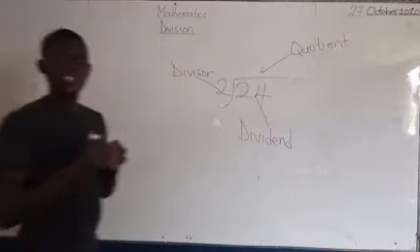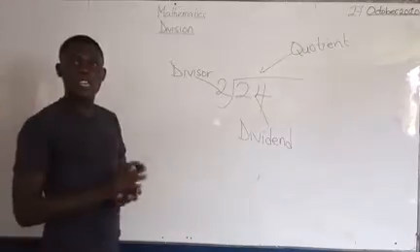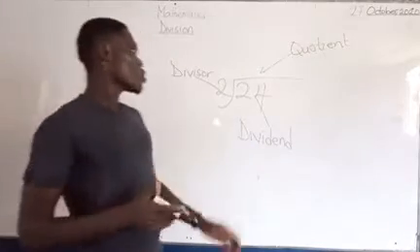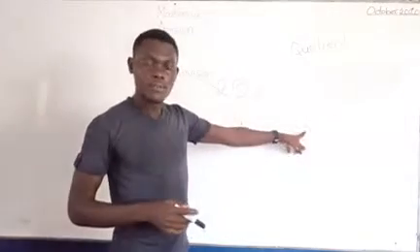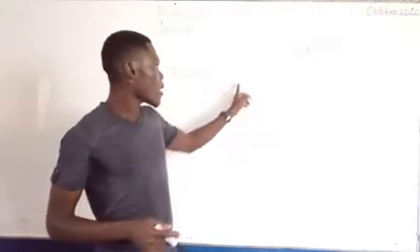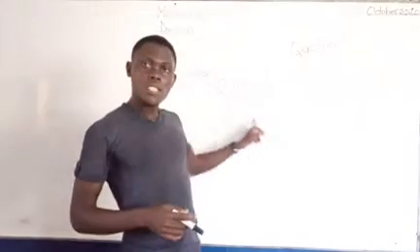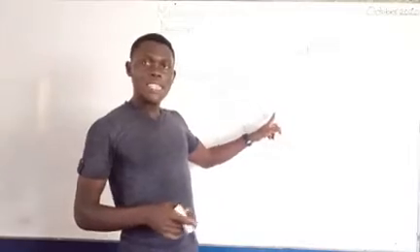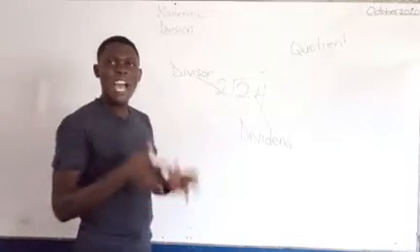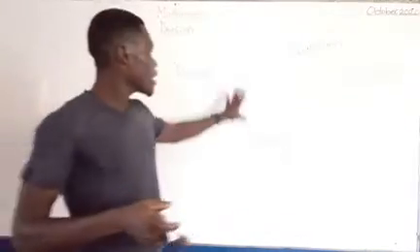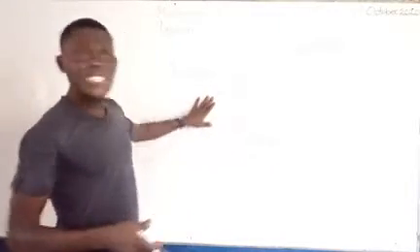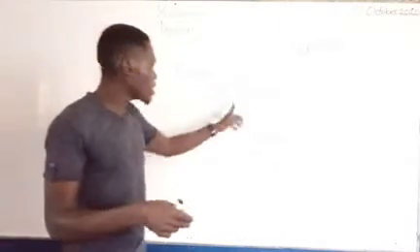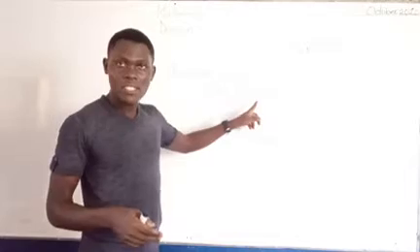Okay, I think we talked about this the last time that we met. Good. So we have the divisor, which is the number dividing through the dividend. The dividend is the amount of items that you are going to share. And the divisor is the number of people sharing the items.